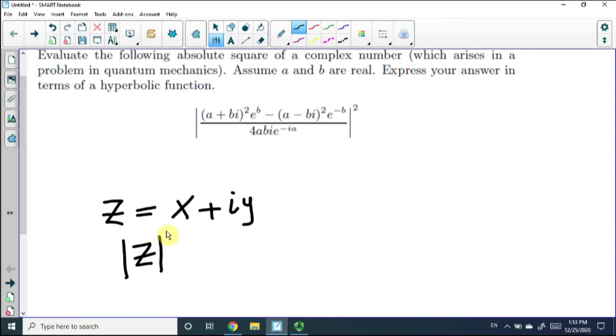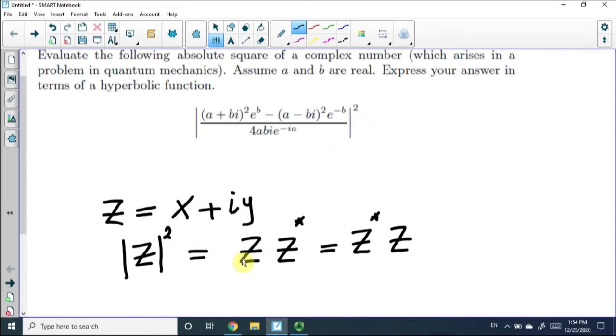The square of that is defined to be the complex number z times its complex conjugate. Of course, multiplication is commutative, so this is the same as z conjugate times z. It would give you the same answer. So that's the meaning of the absolute square in the question.